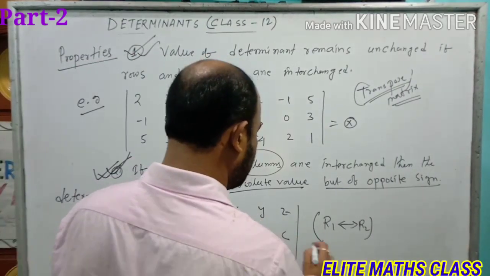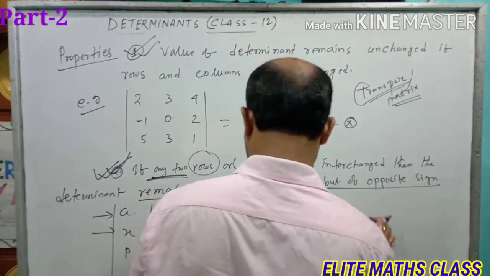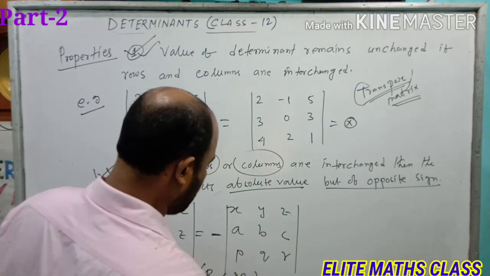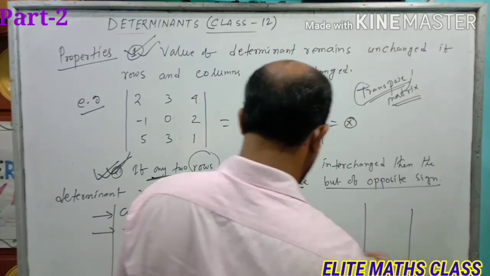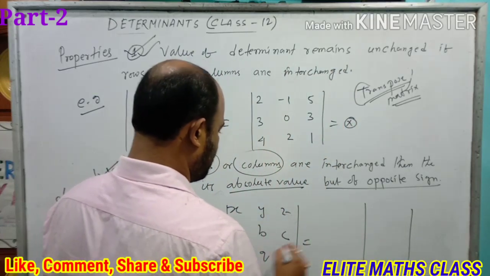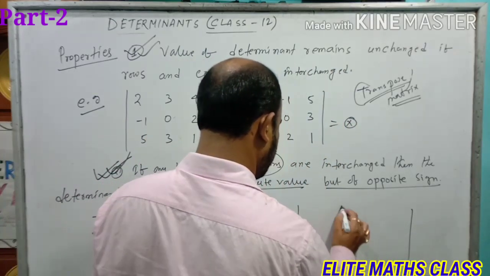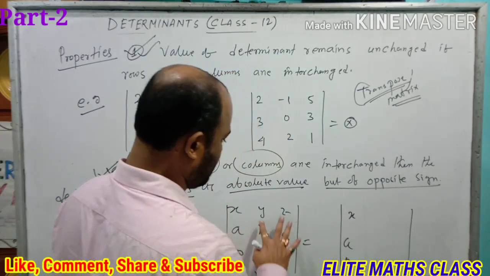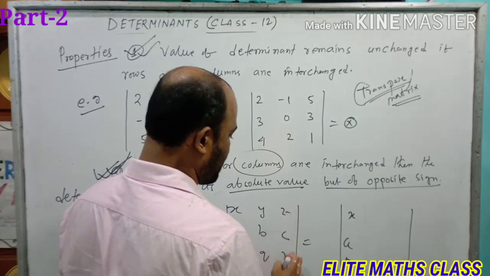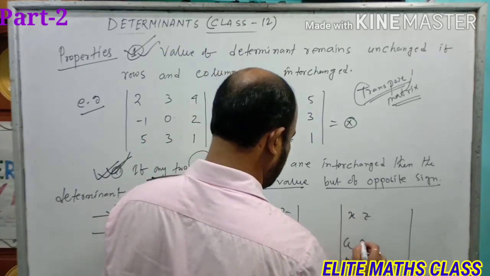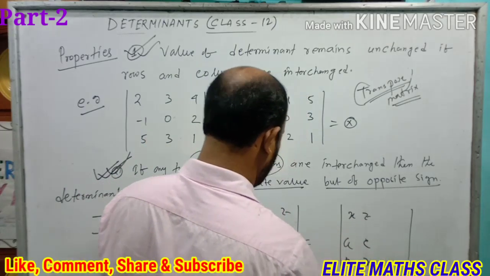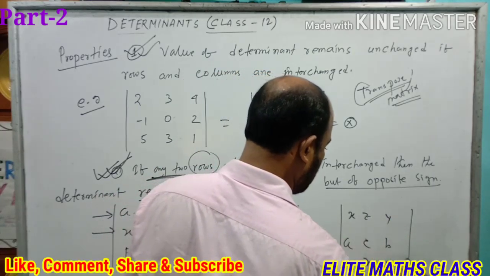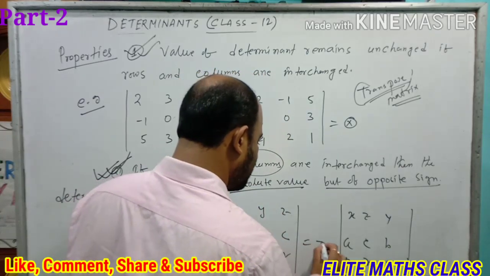Now say after this, the operation done is R1 and R2 interchange. Next we are doing, say, these two columns we will interchange. So the first column will remain unchanged, X A P. Now we are interchanging these two, so the third column will be the second column, Z C R. The second column will be the third column, Y B Q. A minus sign is there.